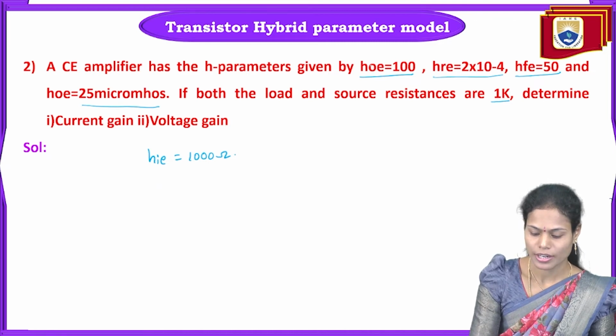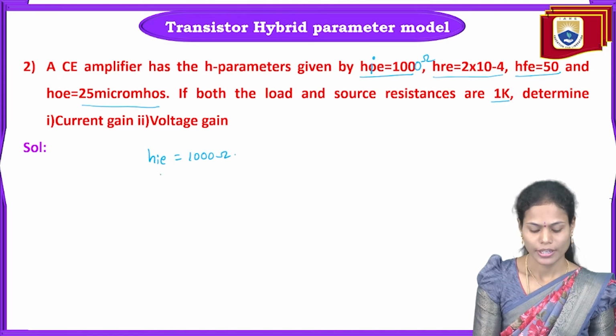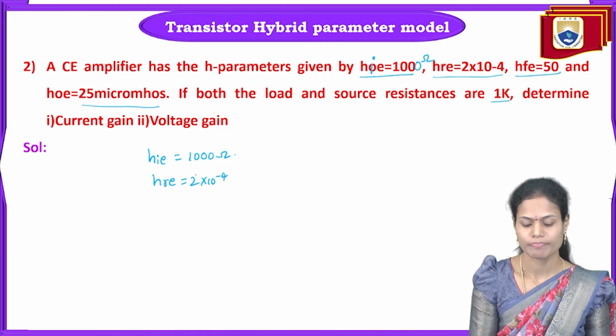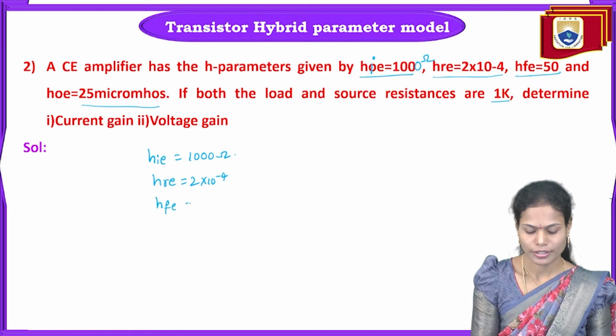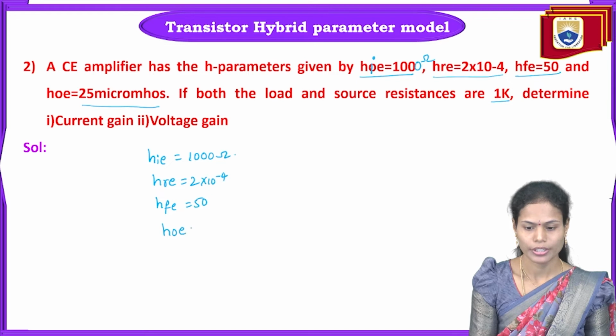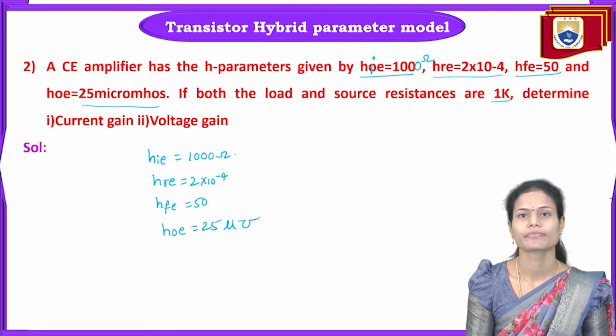This is HIE, actually it is 1000 ohms, and HRE equal to 2 into 10 power minus 4. Sorry, reverse voltage gain, no units for this. And forward current gain HFE is 50, and HOE equal to 25 micromhos.